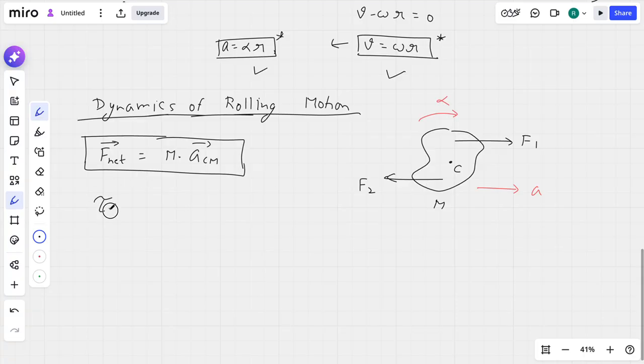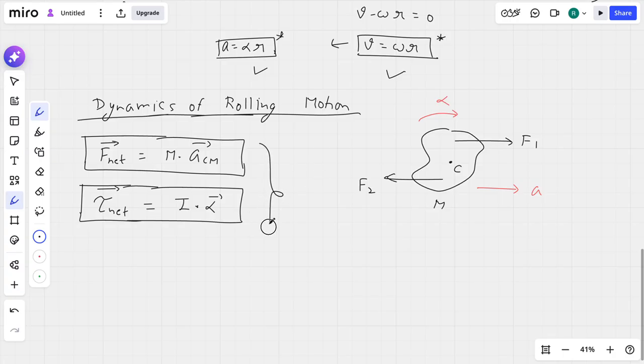So the total torque acting on this rolling body will be equal to moment of inertia times angular acceleration. This is the rotational motion equation. Using these two equations we can solve almost 90% or we can say 100% of rolling motion problems.